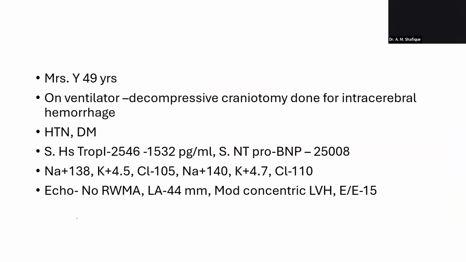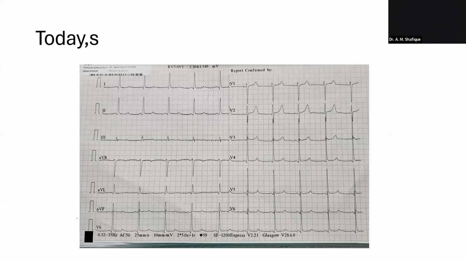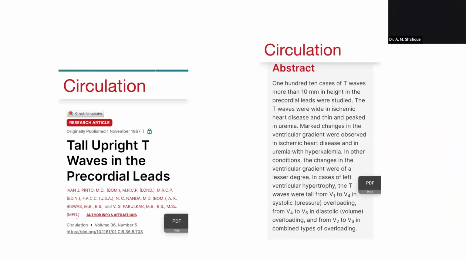And then I went through one paper. It was published in 1967, where it is told that in cases of left ventricular hypertrophy, the T waves are tall from V1 to V4 in systolic, that is pressure overload, and from V4 to V6 in diastolic, that is volume overloading, and from V2 to V6 in combined types of overloading.